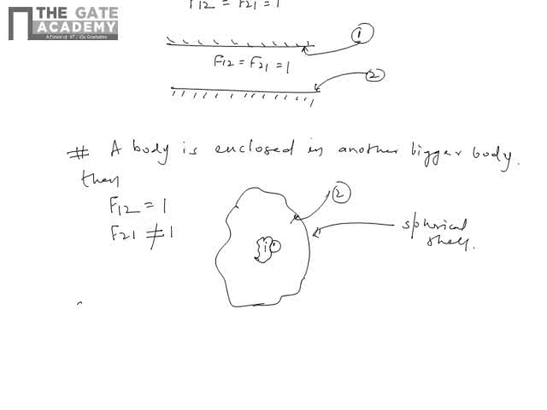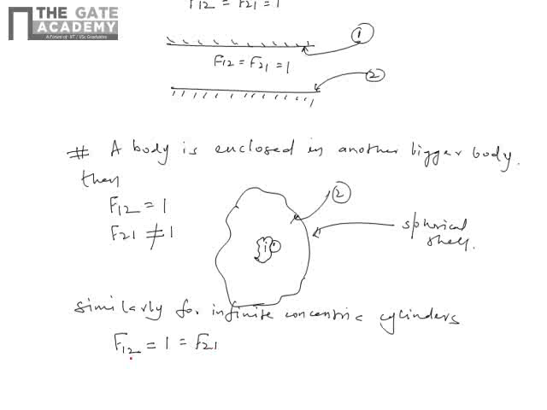Similarly, for infinite concentric cylinders, F12 is equal to 1, but F21 is not.